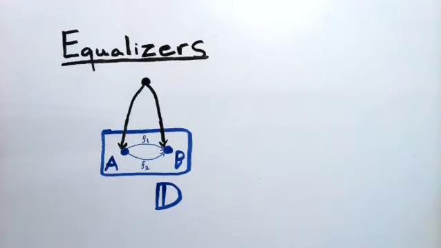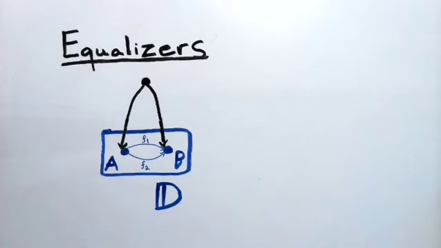And we're going to ask ourselves what it would look like to have a limit over this diagram D. Remember that a limit is a terminal cone in the cone category over this diagram. If any of that terminology is unfamiliar, just go back and look at some previous videos.